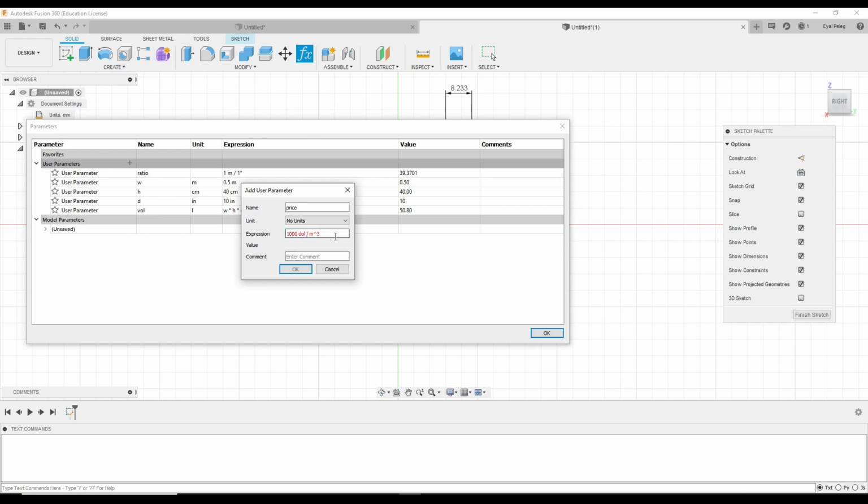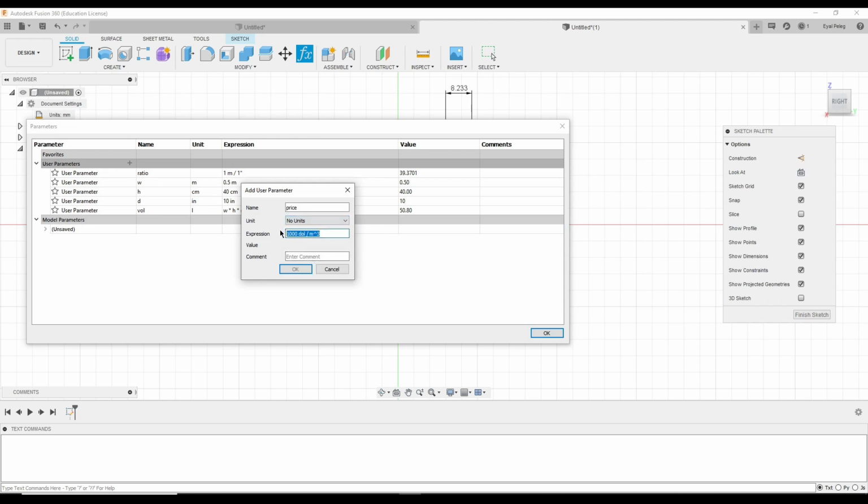It won't let us do this because, again, this would be an expression that has units, and unfortunately I don't know if Fusion has the option to just create any compound unit to work with. So this does not work in here like this. I cannot have a price per volume, that's actually the unit that I would like to have here.